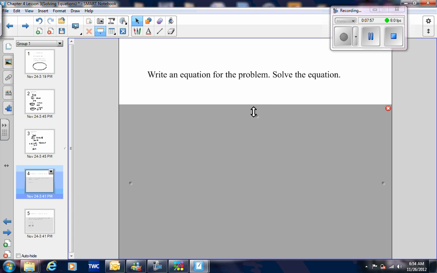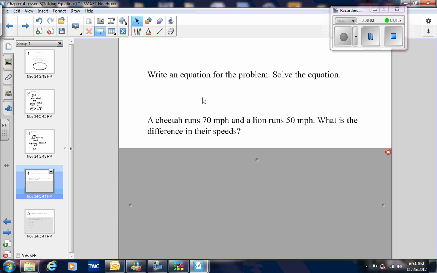All right, so write an equation for the problem and then solve that equation. A cheetah runs 70 miles per hour. A lion runs 50 miles an hour. What is the difference in their speeds?